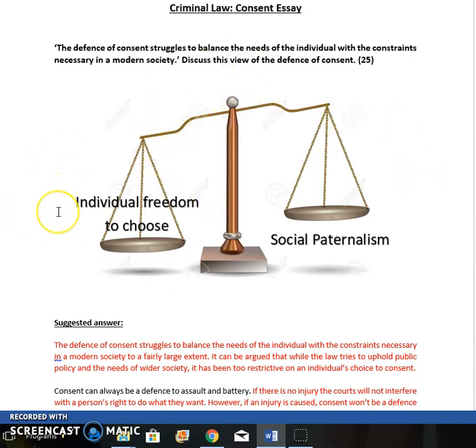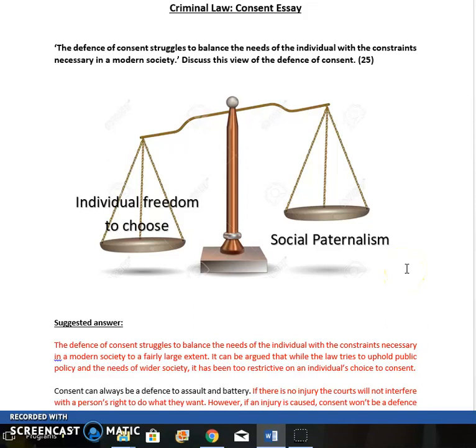Individual freedom to choose what you want to have done to your body, be that a tattoo, a piercing, an operation, whether you want to take part in contact sports. The law has to recognise individual freedom to choose. However, that has to be balanced, on the other hand, with social paternalism.